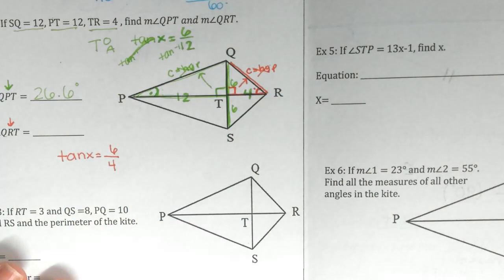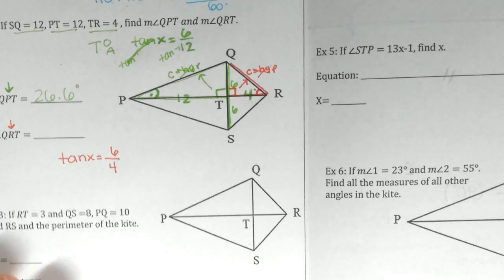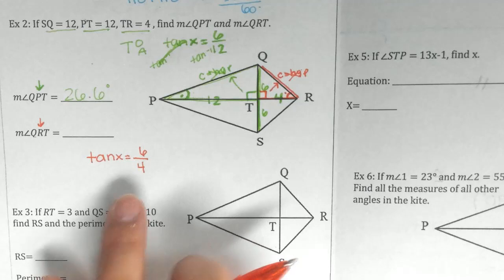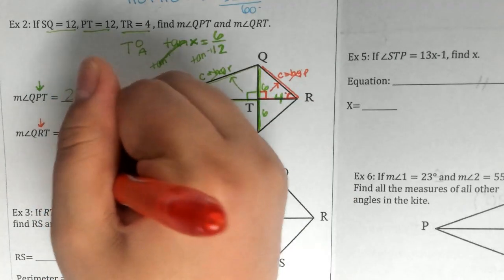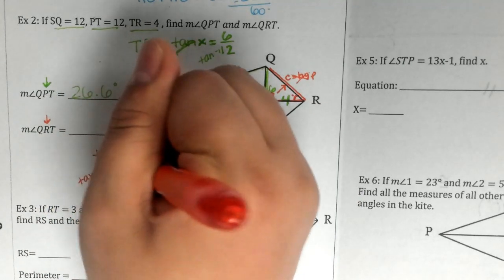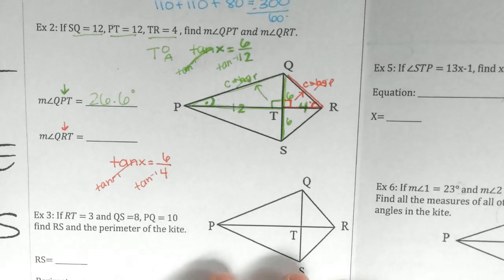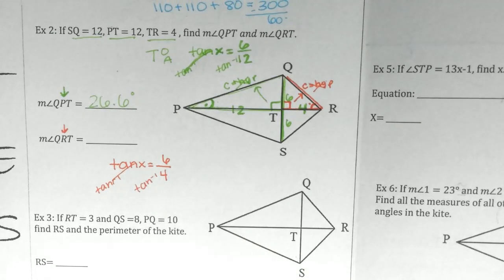And if you're like, Miss Olivars, what? We'll do some practice with this. How do I get x by itself when it's the angle? Inverse. You are writing this down. Everything I have written down, I want you to write down. Again, this is for your notes for your assessment.